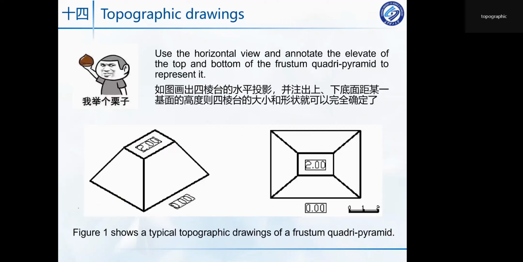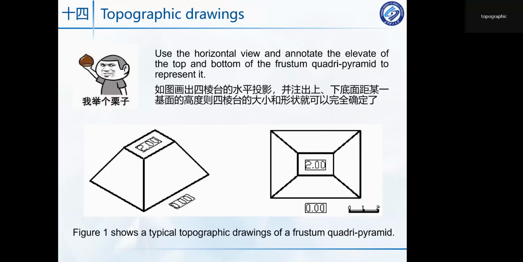In this page, we are going to see a quadrilateral pyramid. So please think about if I have this quadrilateral pyramid, I want to use the top view to determine the position and the shape.